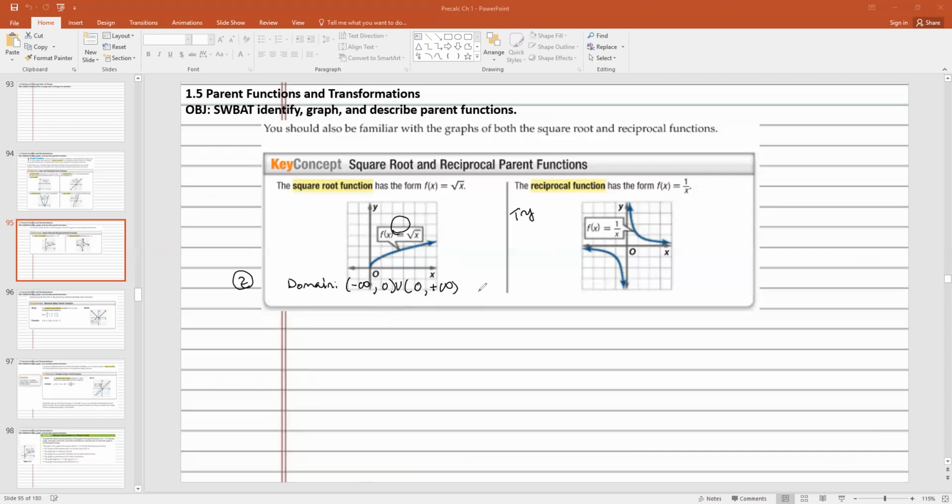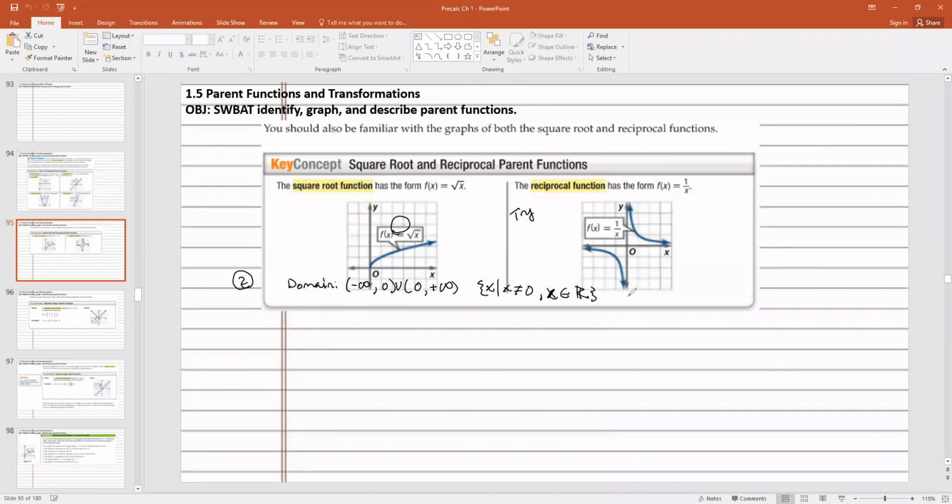But if you want, they wrote it like this: the set of x where x is not equal to 0 and x is an element of real numbers.